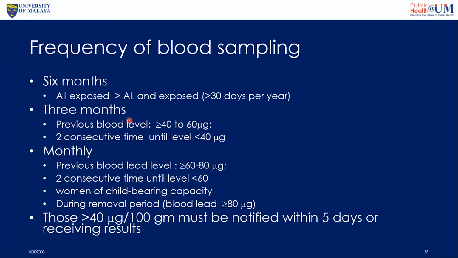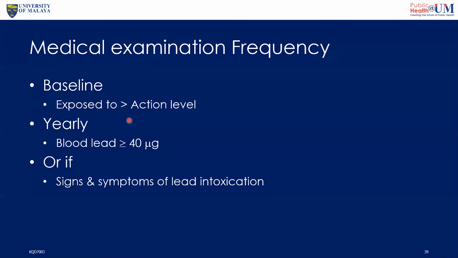So the idea is that if you improve the safety and health of the workplace and reduce the lead level to below 75 microgram per meter cube, you don't have to do 6 monthly monitoring of the blood lead, so you don't basically increase the cost of your production. So it is important that you try to reduce the levels in the industry.